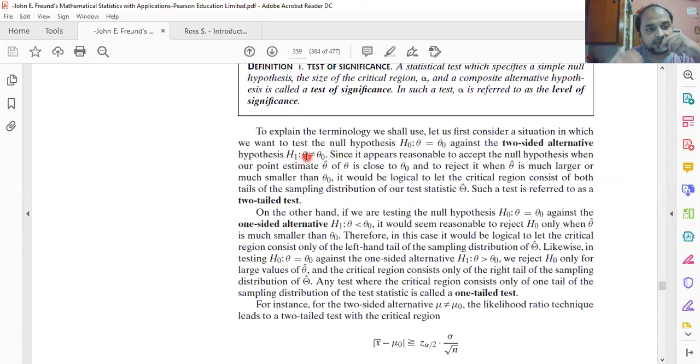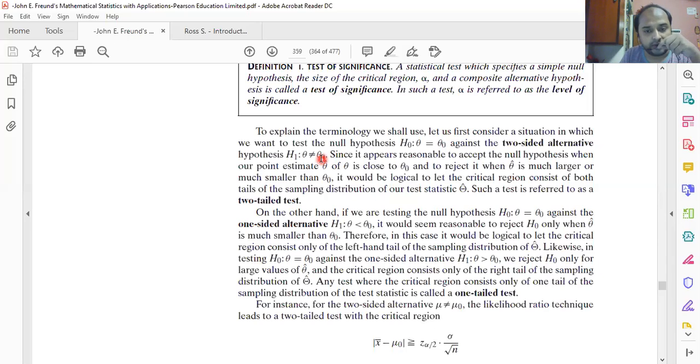So if we consider in the alternative hypothesis section that some parameter theta is not equal to its specific value theta naught, that means two options are open over here. Either theta is less than theta naught or theta is greater than theta naught.